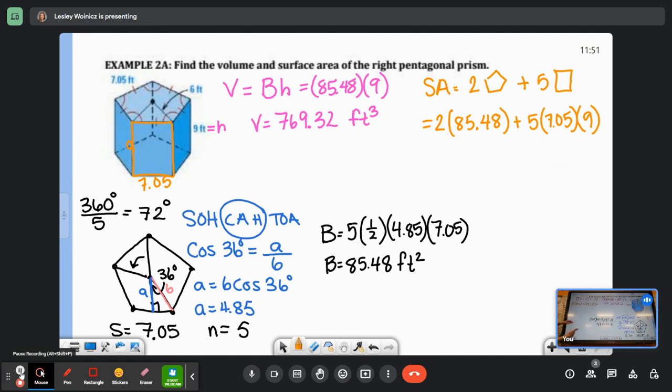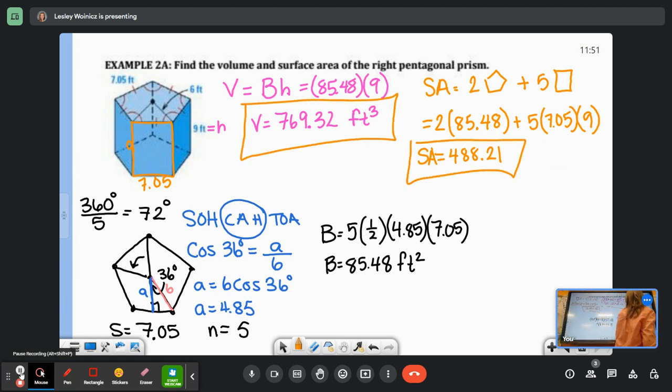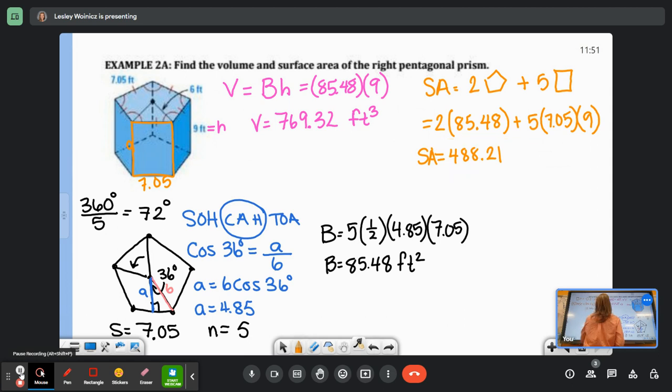I'm getting 488.21. Good quality control, thank you very much. If it's surface area, what would that be? Good, square feet.